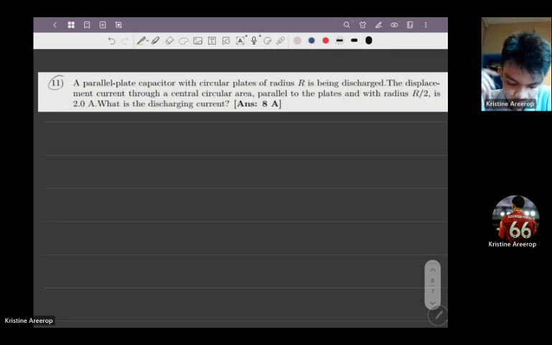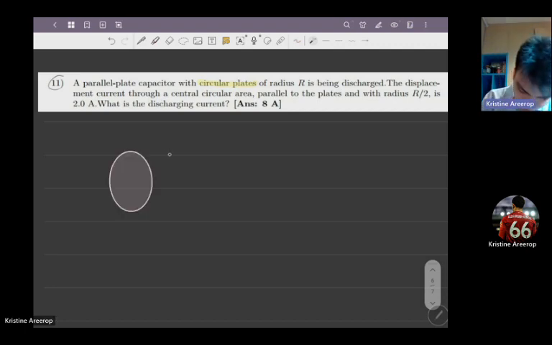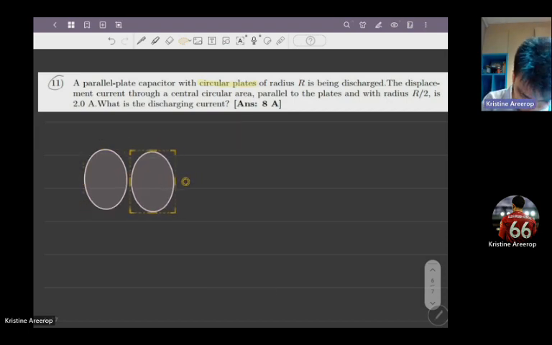Now, I have the circular plate. Sorry, it's circular plates. When I draw the picture of them, it is this, and the other is this.